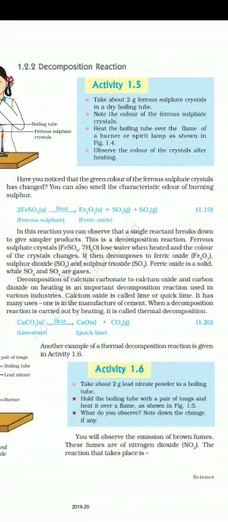This is a decomposition reaction. Ferrous sulphate crystals are FeSO4 into 7H2O. This 7H2O is water of crystallization, which is responsible for the green color of ferrous sulphate. Now what happened? When we apply heat, first of all, it removes this 7H2O and becomes colorless.